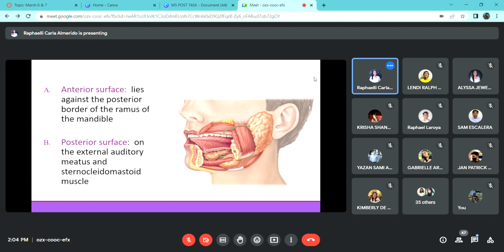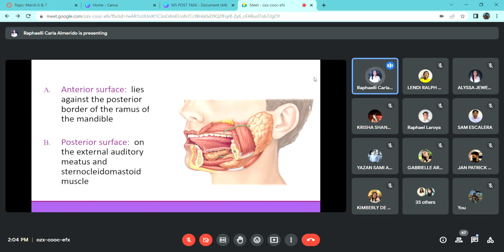Okay, so for the anterior surface, it lies against the posterior border of the ramus of the mandible. Okay, and for the posterior surface, it lies on the external auditory meatus and the sternocleidomastoid muscle.